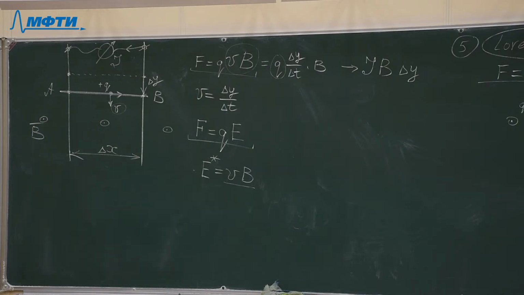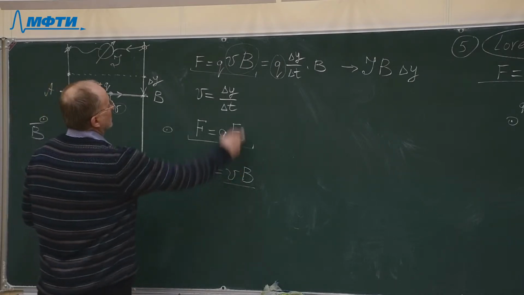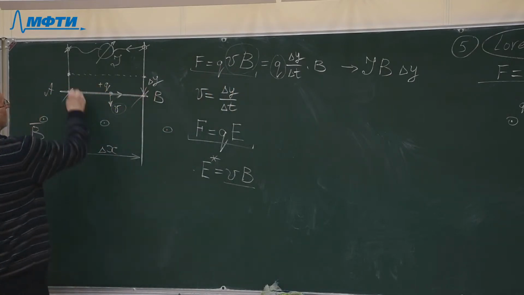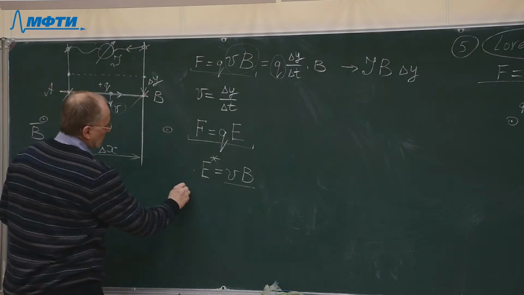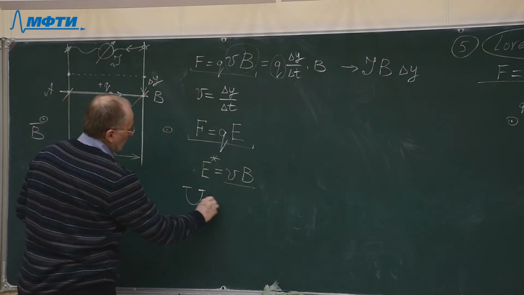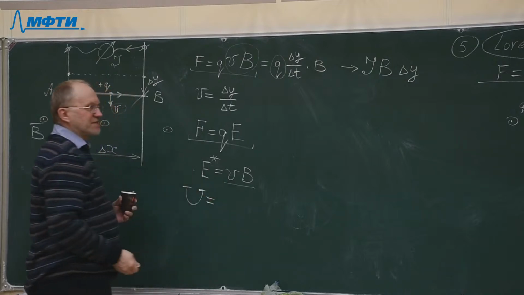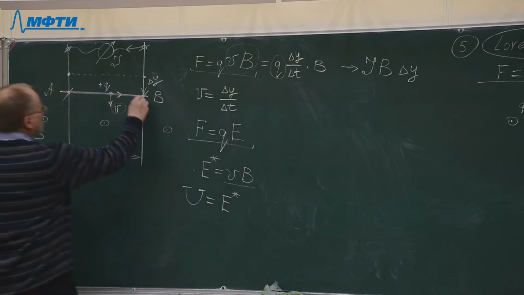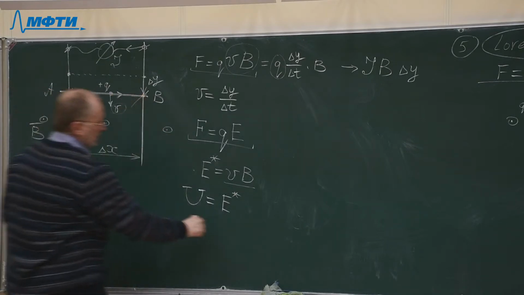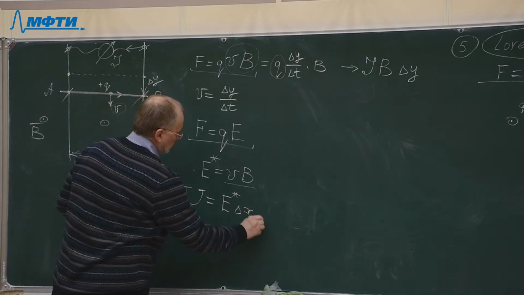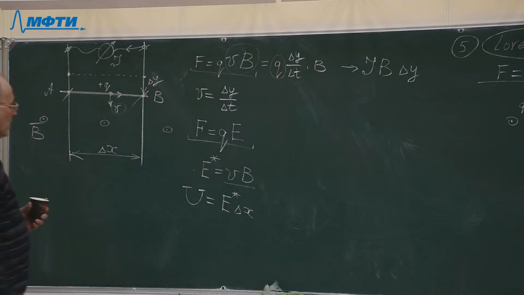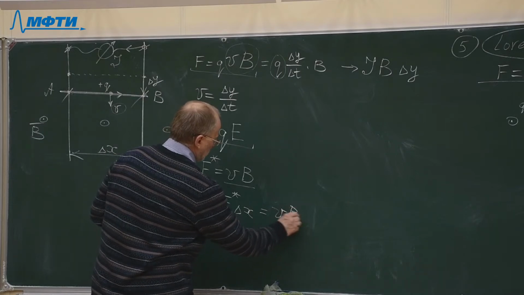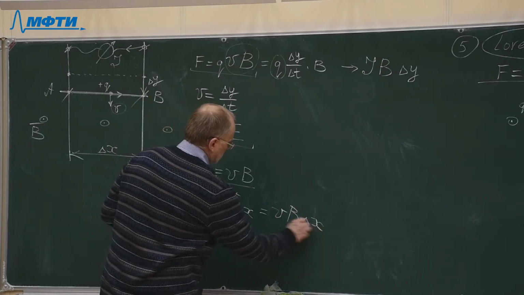And so, if there is an effective electric field acting on the charge, then there is some potential difference between these two points. The potential difference, U, will be equal, according to electrostatics laws, to this effective electric field times the distance, delta x. That will give us E B delta x.